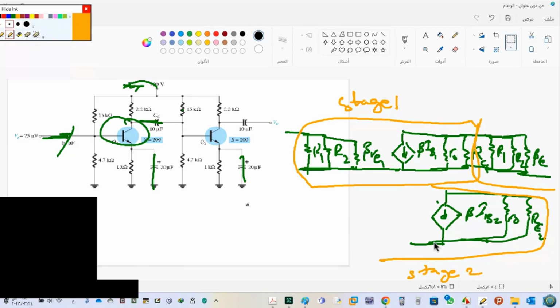And here he gives me 25 microvolt as input.